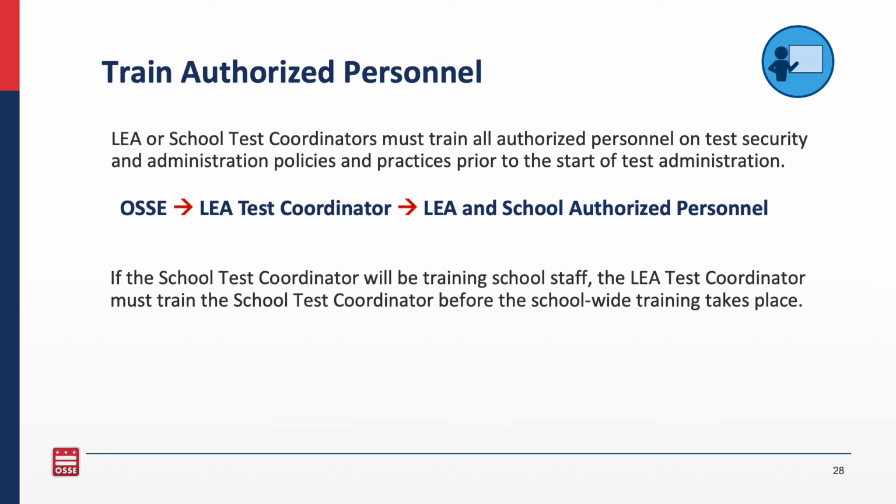Depending on the needs and decisions of the LEA, the school test coordinator would then train authorized personnel, or the LEA coordinator can choose to train the school coordinator and all authorized personnel at schools. One thing to note, if the school test coordinator will be training school staff, the LEA test coordinator must first train the school coordinator before they can train others.